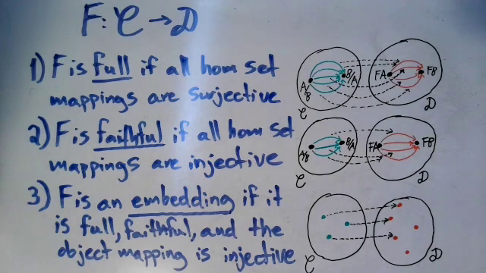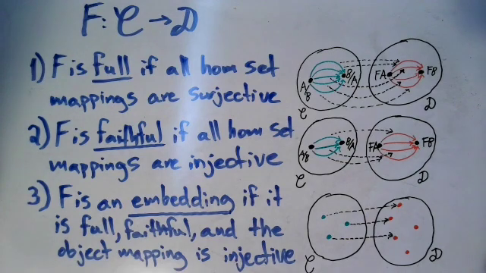We'll conclude by reviewing a few specific types of functors. So if F is a functor from a category C to a category D, then F is called full if all of the hom set mappings of F are surjective.